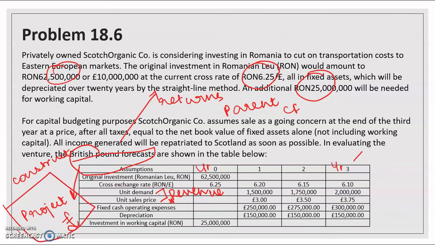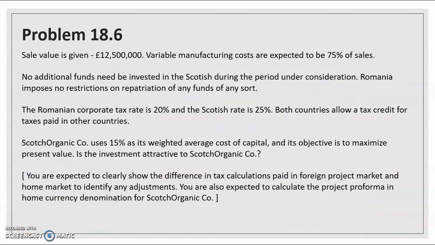If the company has mentioned all of the details in British pound worth, which is their home currency worth, and not everything in the host currency denomination, then we will have to calculate the project viewpoint in pound worth. Now moving on, the sales value is given at 12.5 million. The variable cost is 75% of sales. So that's something that you'll have to calculate.